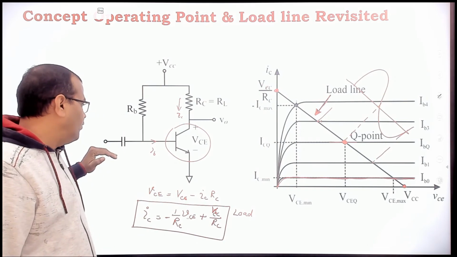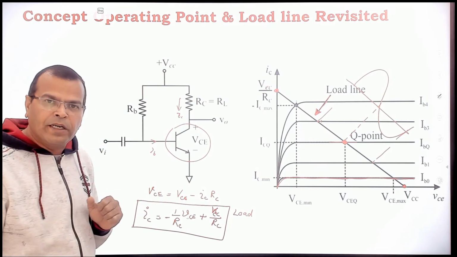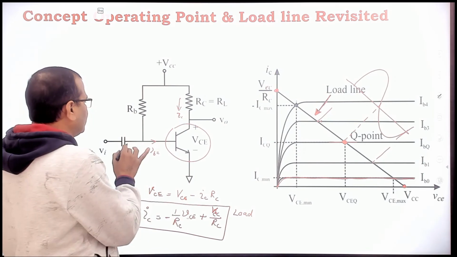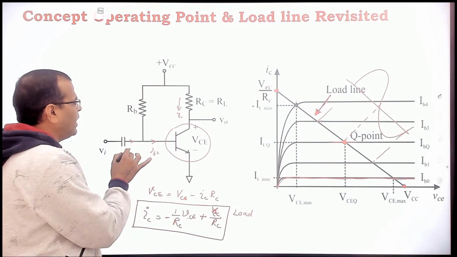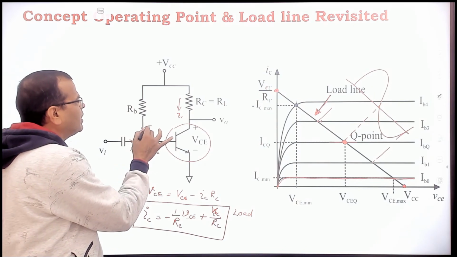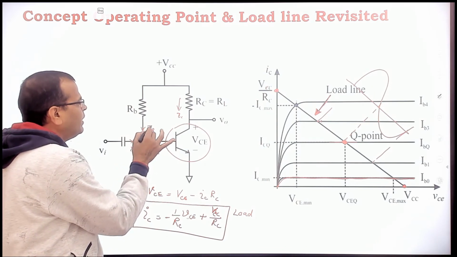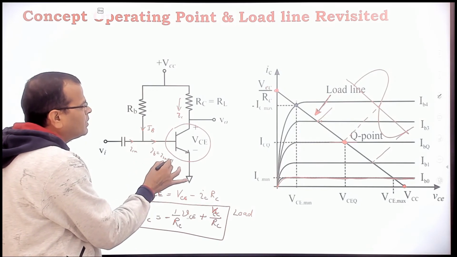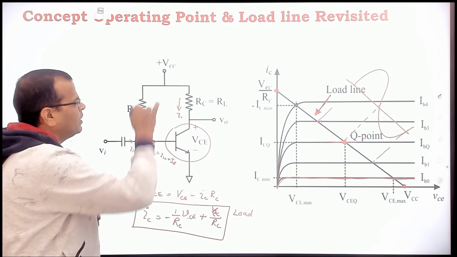The input signal will be giving me the value of the base current, but this base current will have two components. What are those components? One component coming from this side, that is the input current, and another component coming from this side, that is the DC current from the DC voltage.